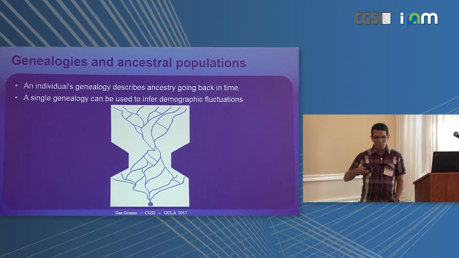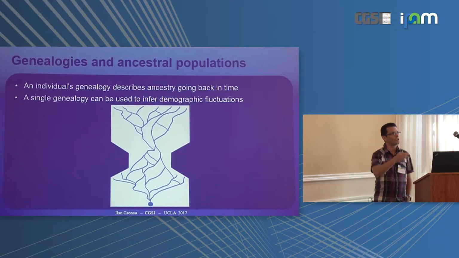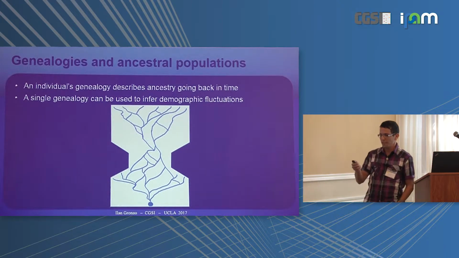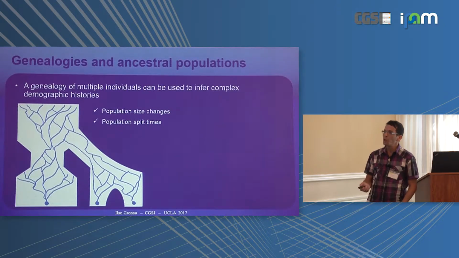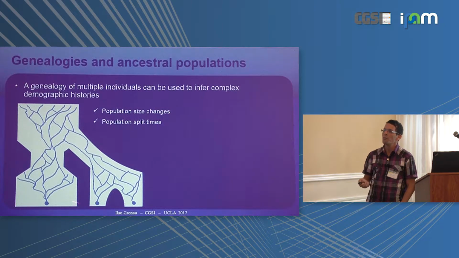So this is a very basic concept in population genetics, to try to map rates of coalescence to population size. This is what you can do with a single individual. If you have multiple individuals from different populations, then you can learn their population size histories, but you can also learn a lot about the relationships between these populations.